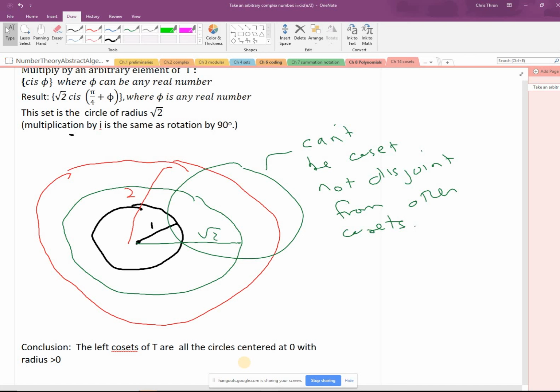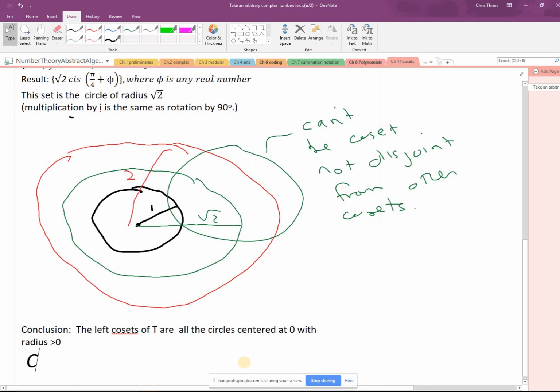Okay. So let me call the set of cosets, let's call it C. It's bigger than I wanted to make it. So if I want to list these cosets, let me call S. What we can call C. Now, they're all the circles.